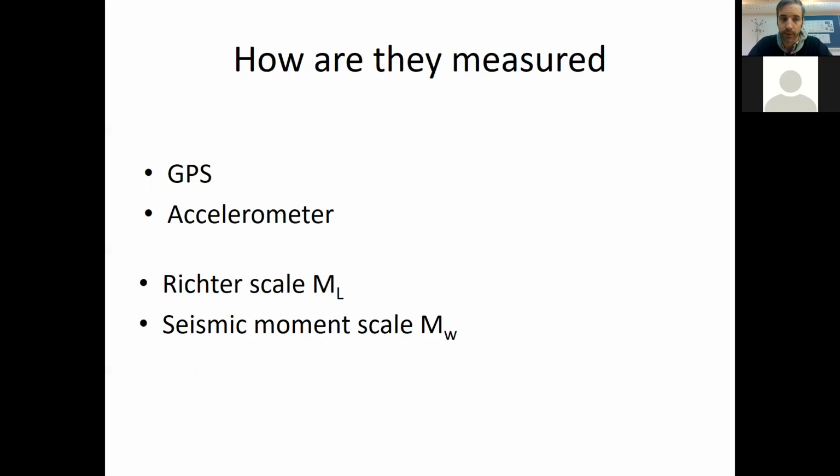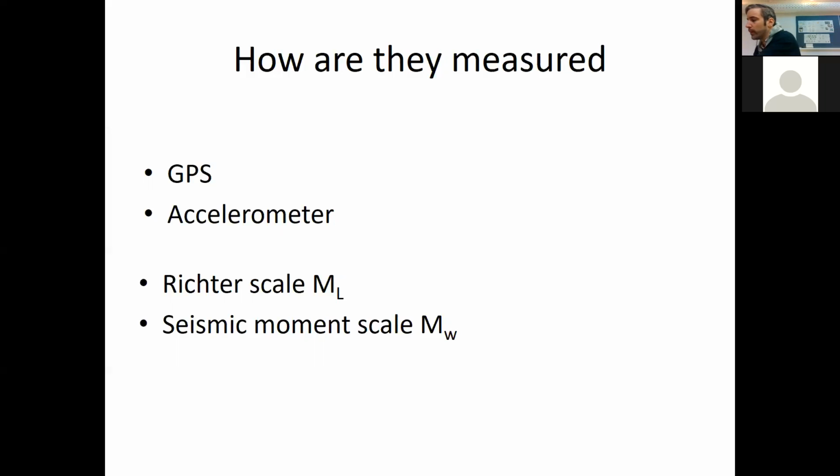There are stations that measure their location with the GPS very accurately, sub-millimeter accuracy, so they can track the movement of the Earth very accurately. And we also have accelerometers, right? The same kind of accelerometers that you have in your phones and your computer, but they are dedicated to measuring these vibrations.